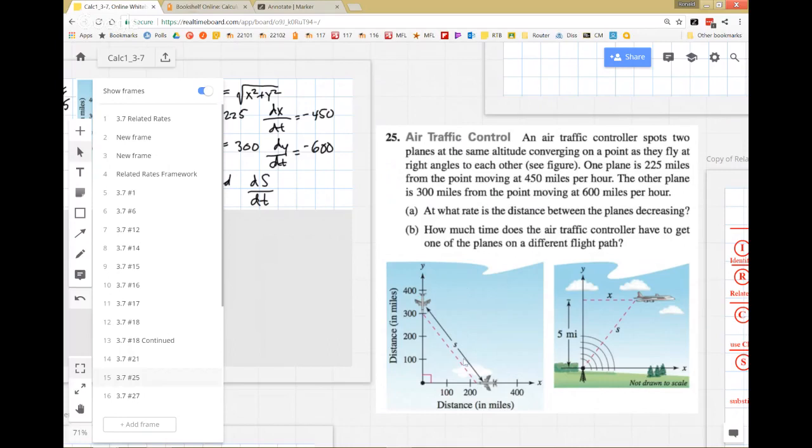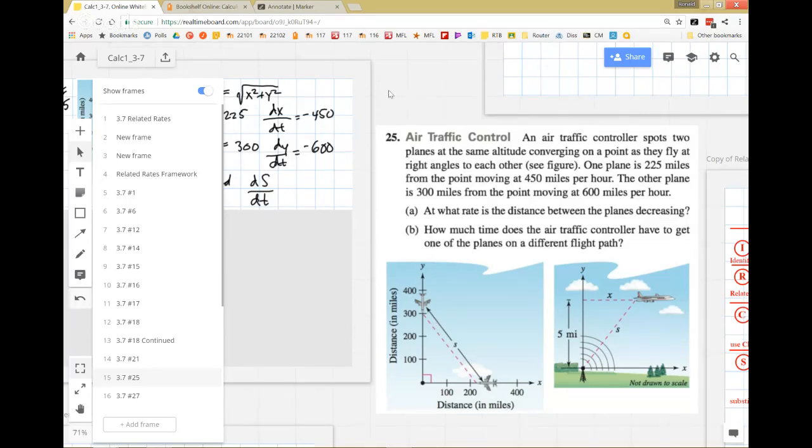One plane, this one down here, is 225 miles from the collision point. And it's moving at 450 miles an hour. This one is 300 miles away and is going 600 miles per hour. At what rate is the distance between the planes decreasing? What's the distance between the planes? It's this hypotenuse here, this S.